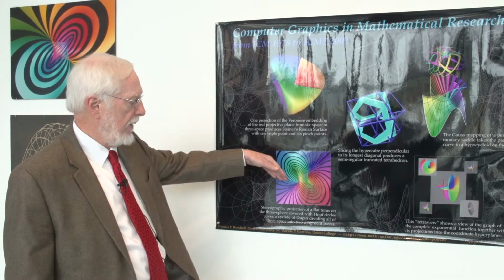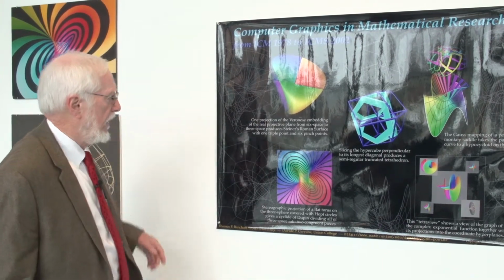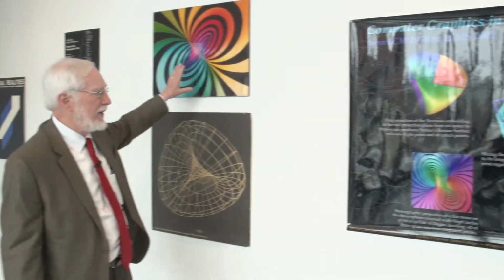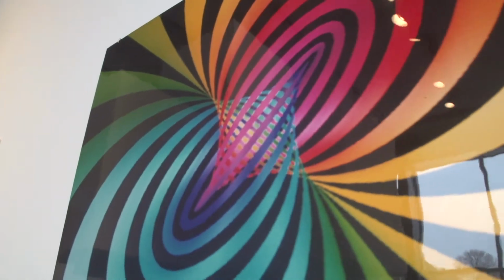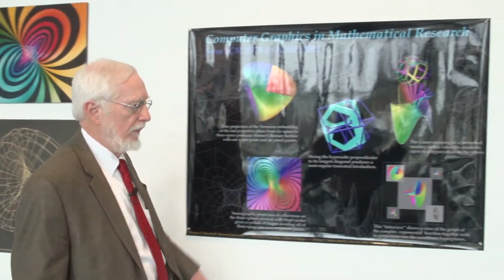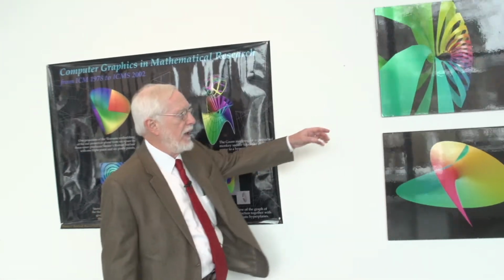The objects here, again, are current technology. The inside of the torus that we saw before showing up in this position here, and over in this picture in the process of being unfolded in four-dimensional space.